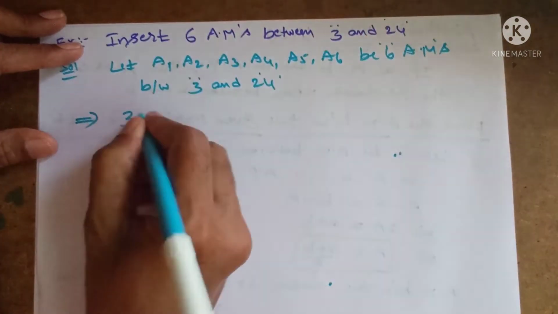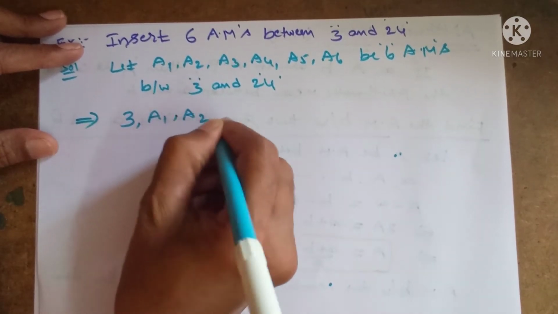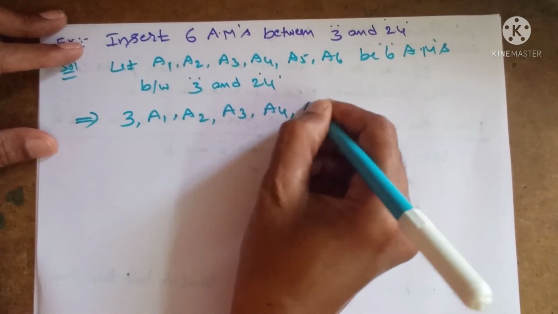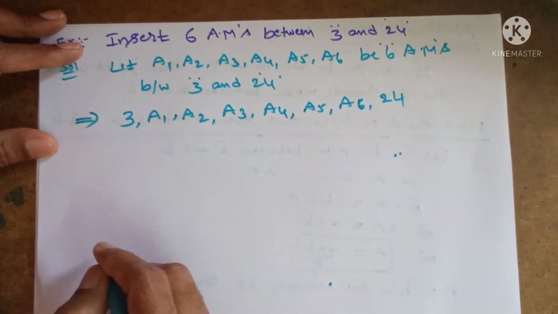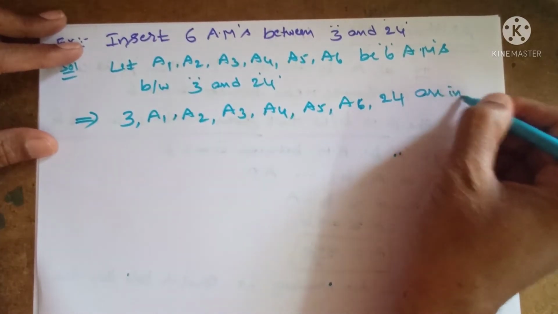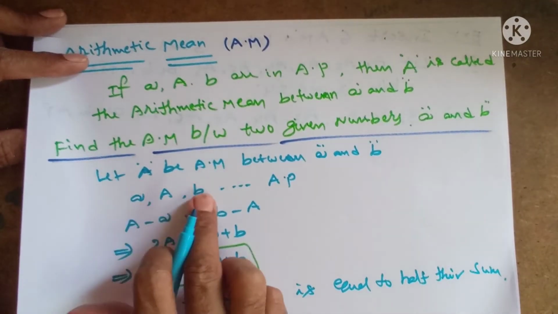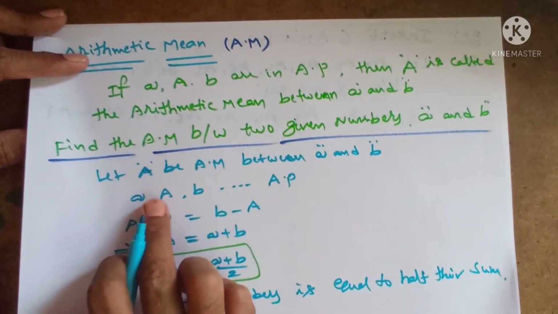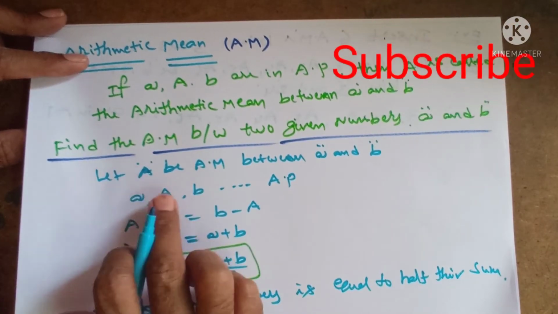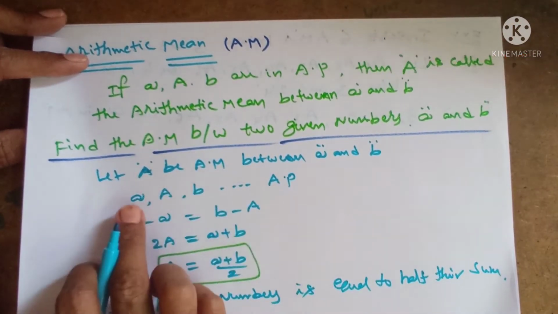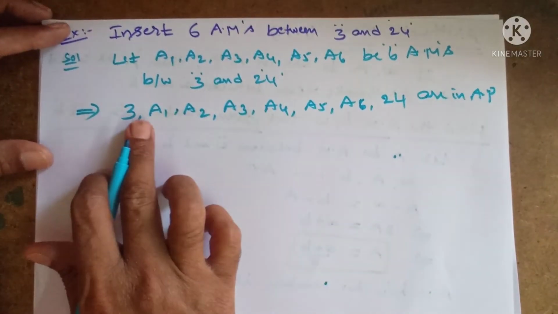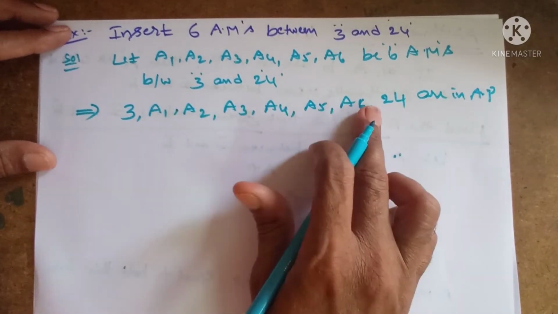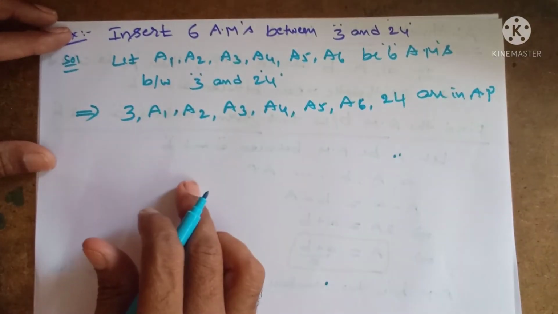Between them the 6 AMs we are writing A1, A2, A3, A4, A5, A6. Just now I said small a, small b, between them capital A is AM. We are inserting capital A between a and b, then a, A, b are in AP. Like that 3, A1, A2, A3, A4, A5, A6, 24 are in AP.